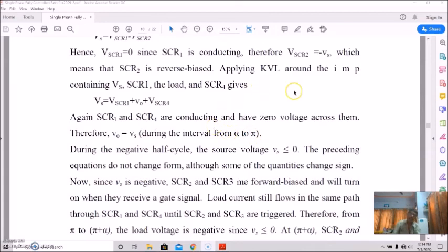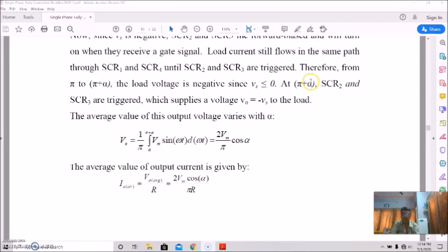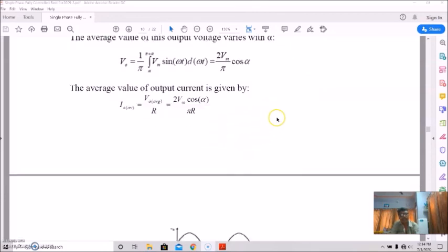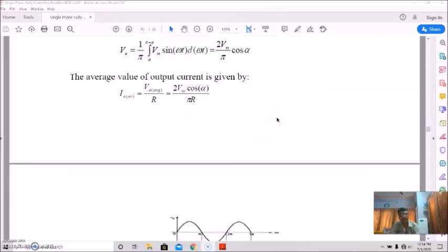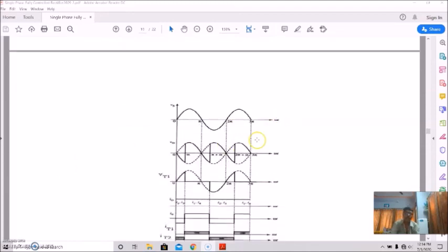And when L is large, that means the firing angle or delay angle is very small, so in that case we'll get more or less continuous output current with this bridge rectifier. And with this we may conclude our discussion of the single phase bridge rectifier with inductive load.